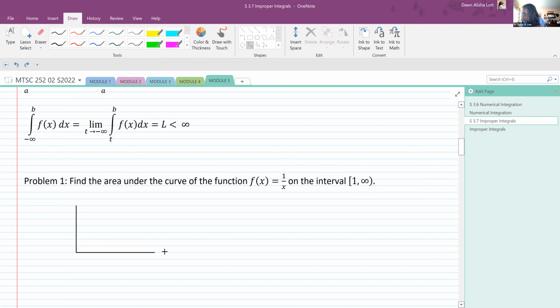So on the interval, at 1, the function is 1/1.